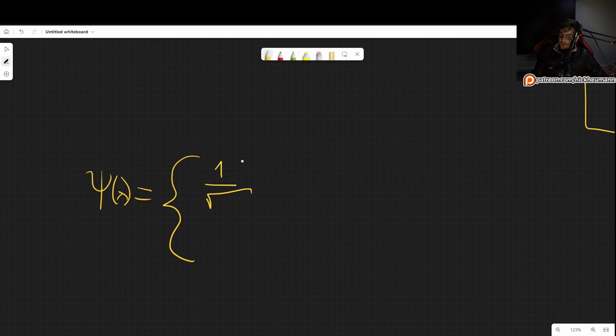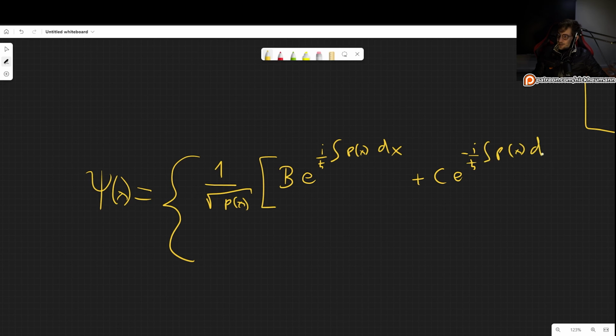For region 1, our wave function is 1 over the square root of p of x times some constant, with a plus or minus that I will write down separately. Let's begin with the positive one: B e to the i over h bar integral of p of x dx, plus C e to the minus i over h bar integral of p of x dx.